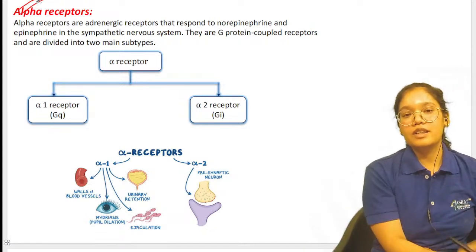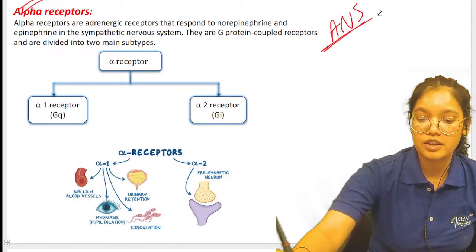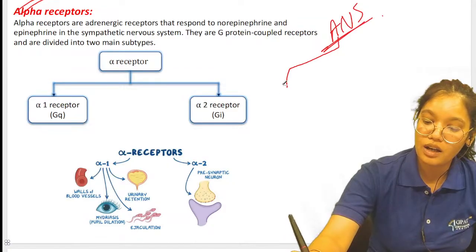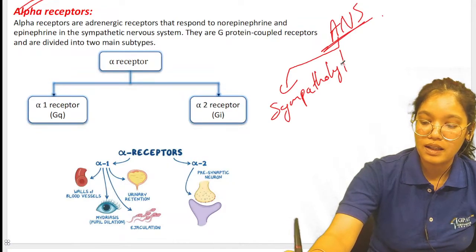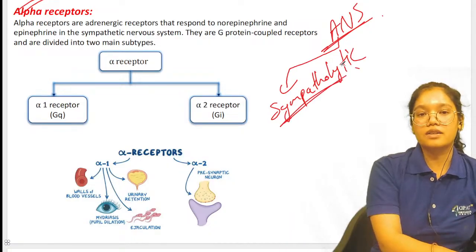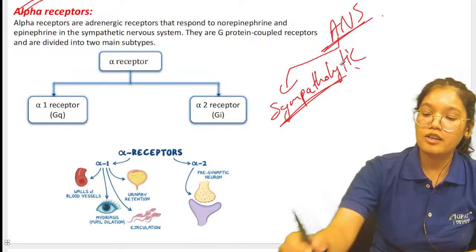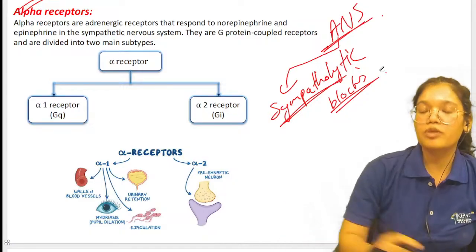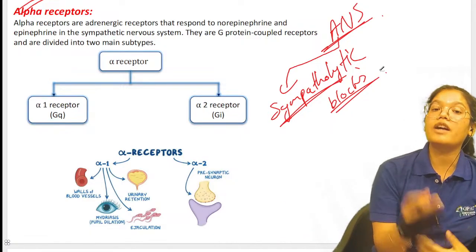Now, the alpha receptors are part of the adrenergic nervous system only. In the adrenergic nervous system, they are part of the sympatholytic drugs, that act against the sympathetic system. I am talking about the blockers. Before starting the blockers, let's have the introduction about the alpha receptors.